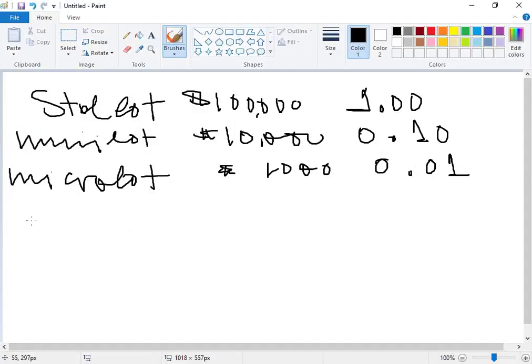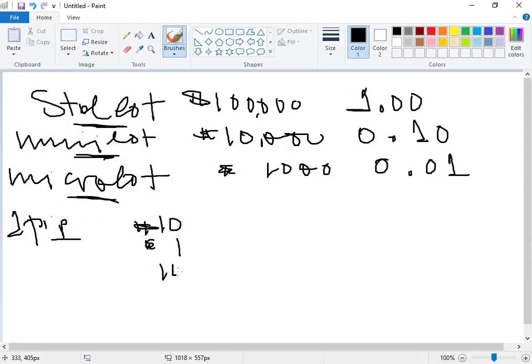So let's take a look at the pip values. 1 pip on a standard lot is $10. On a mini lot, it's $1. On a micro lot, it's 10 cents. Now this is an approximate number. Every currency pair will be different. So this, for example, would be your US Canadian.